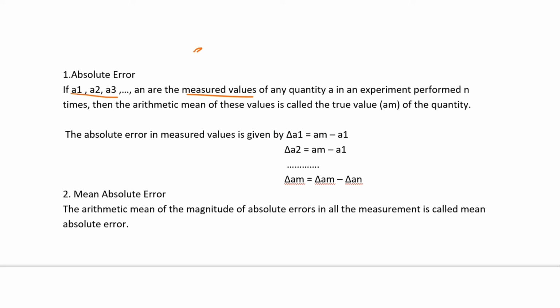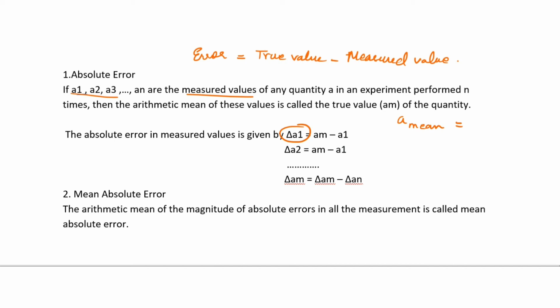And what do we do? We take the mean of these A1, A2 and A3. What is the mean? The sum of all the values divided by the total number of observations taken. So A mean for an experiment performed n times will be A1 plus A2 plus A3 and so on till An, divided by n.